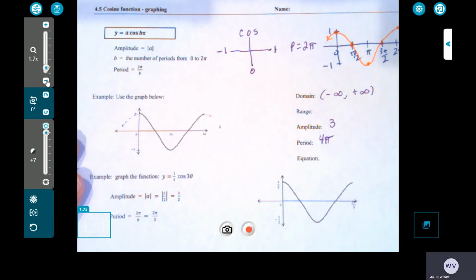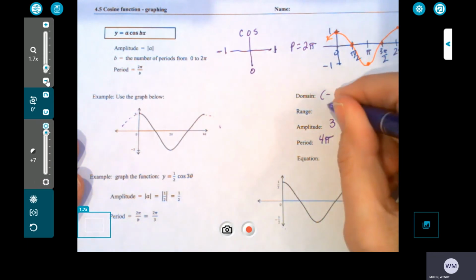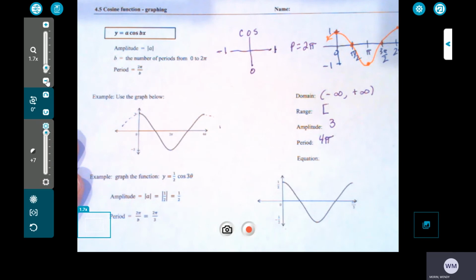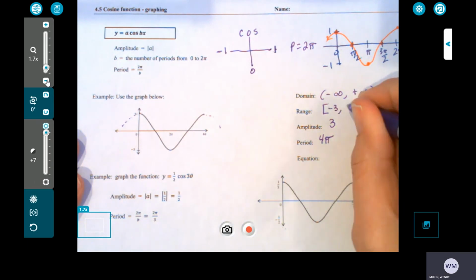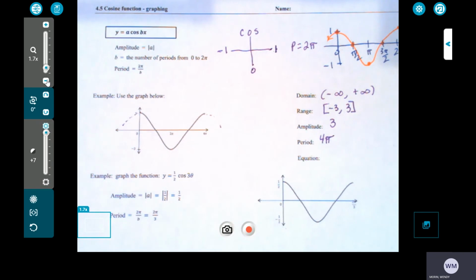And again, when you're using interval notation, you want to use a bracket to include, and you start with the lowest y value on the graph. Not the highest. The lowest y value on the graph is -3. The highest y value on the graph is 3. So that's a review of domain and range, x's and y's.